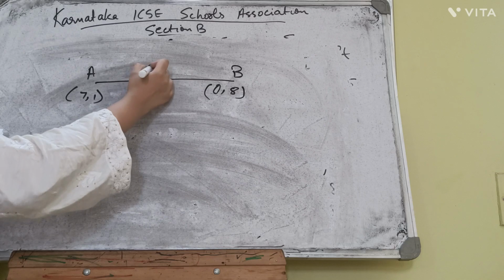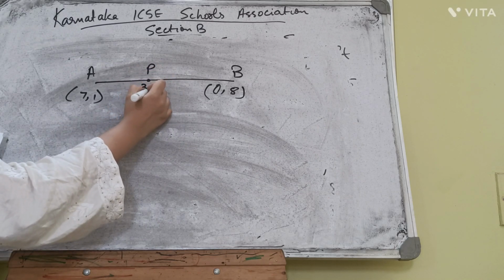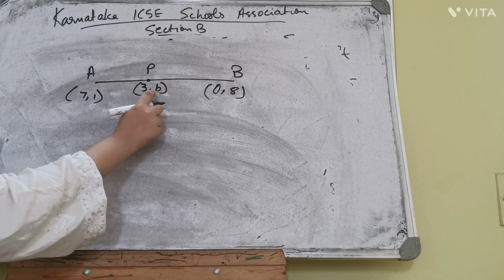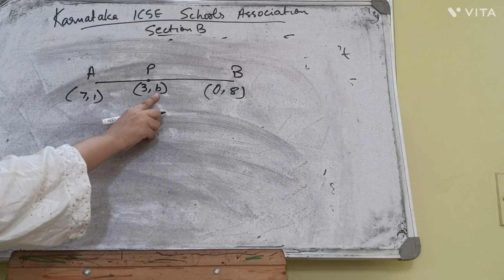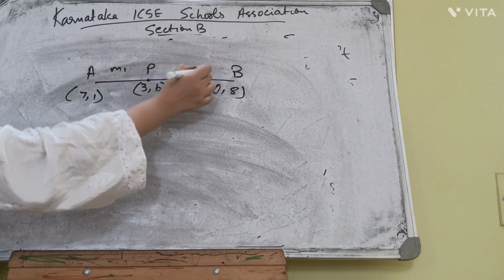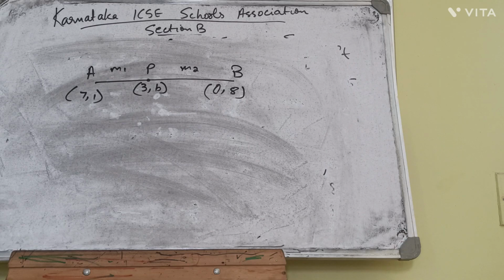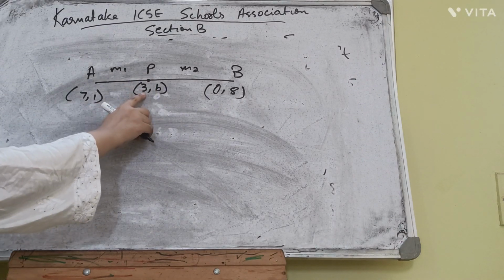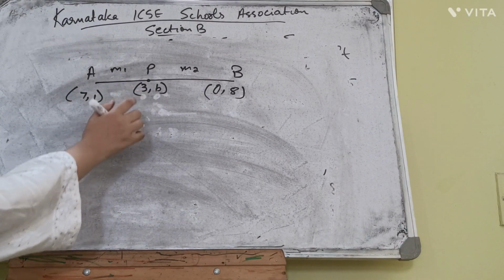Point B is given as 0, 8. And this is divided by another point, we'll mark it as P, which is given as 3, B. We need to find this B value as well as the ratio in which this line is being divided.